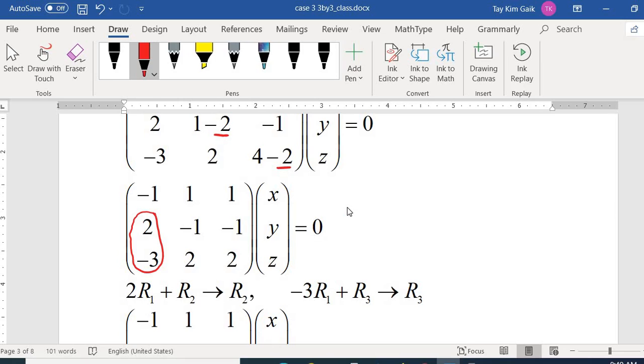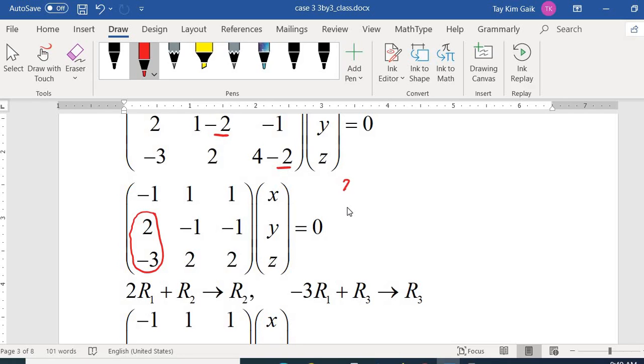If I multiply by 2, I will get negative 2. Negative 2 added to 2 becomes 0. But we cannot only do this for one cell, we must do it for the whole row. That's why this is called a row operation. The formula is exactly 2 times row 1, added to row 2, and put the changes in row 2. So we do the operation slowly for you to see.